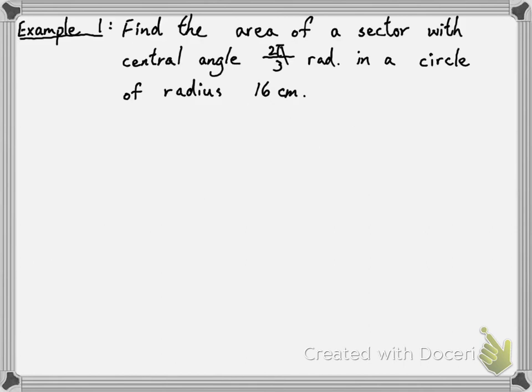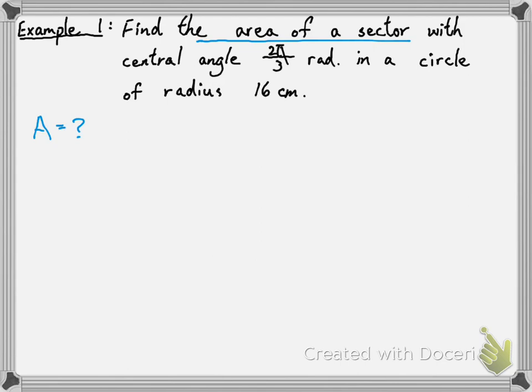Example number 1. Find the area of a sector with central angle 2 pi over 3 radians in a circle of radius 16 centimeters. Please feel free to pause the video so that you can give it a try. In this case, we would like to find the area of the sector, so A is an unknown.